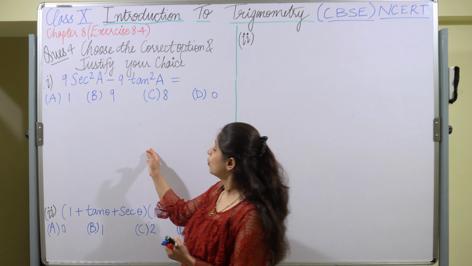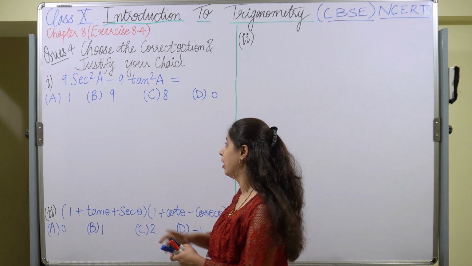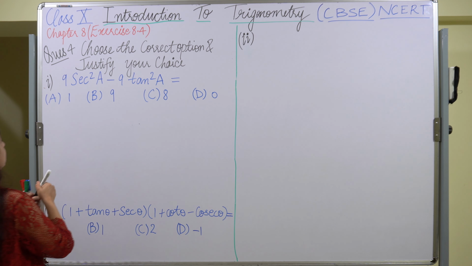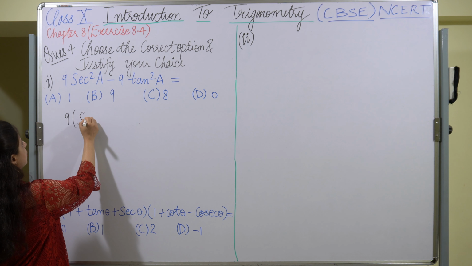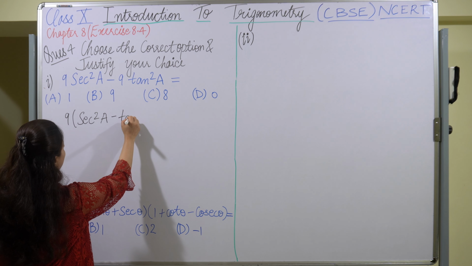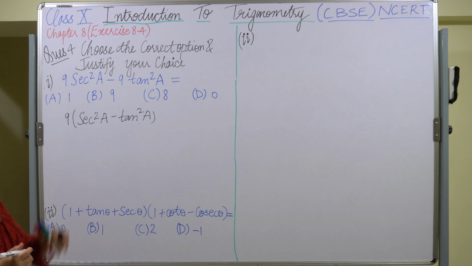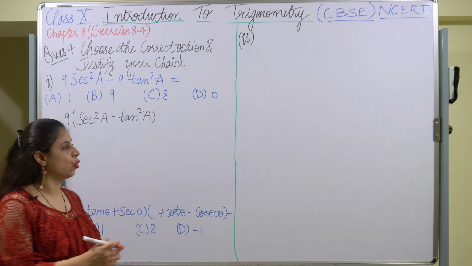So it is given 9 sec square A minus 9 tan square A. Taking 9 to be common, we'll be getting over here sec square A minus tan square A. Now there are 3 identities we already know.